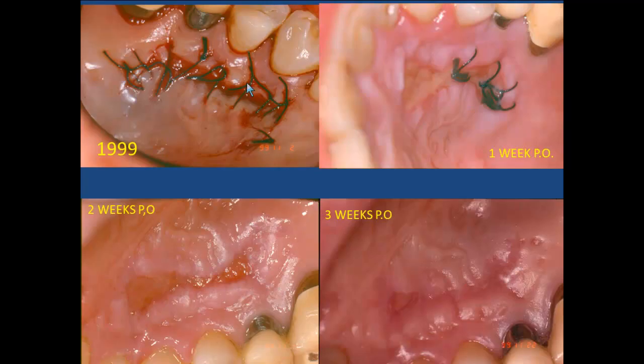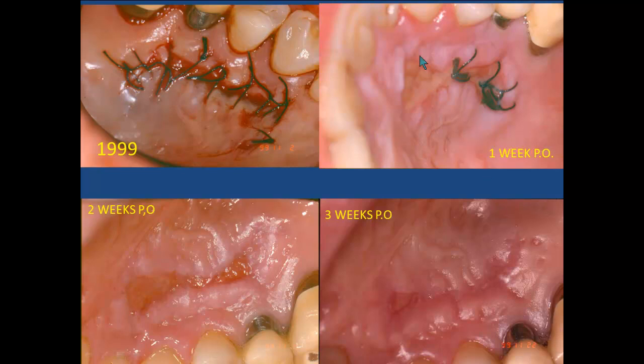Sutures of the donor site were made all along the vertical and horizontal incisions. The vertical incisions were made to provide maximum accessibility in order to harvest the maximum size of the connective tissue graft, as we needed enough width to cover these wide surfaces of the exposed roots of the canine and the first premolar.